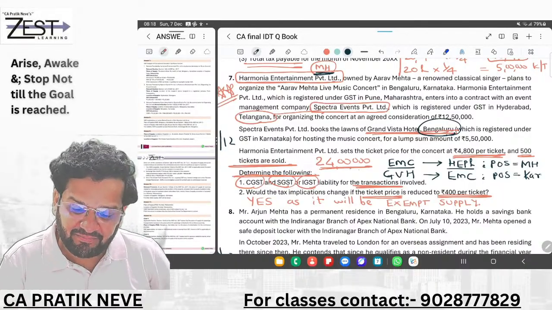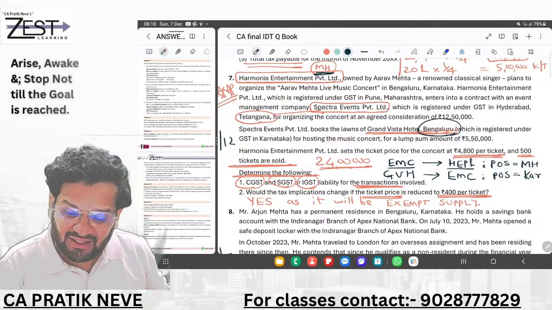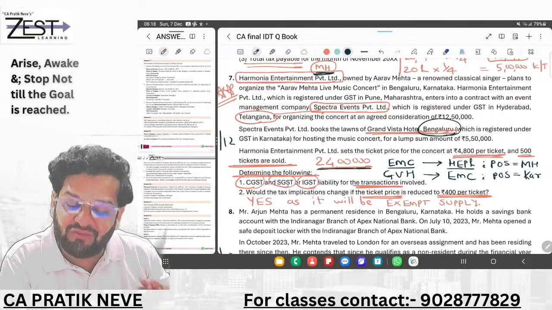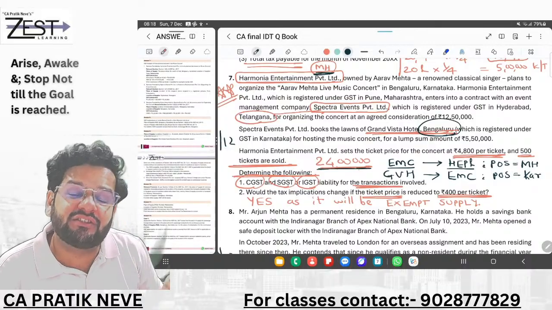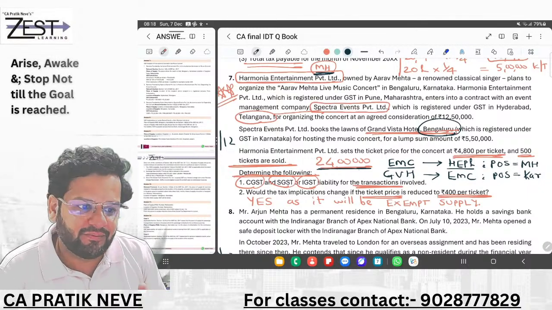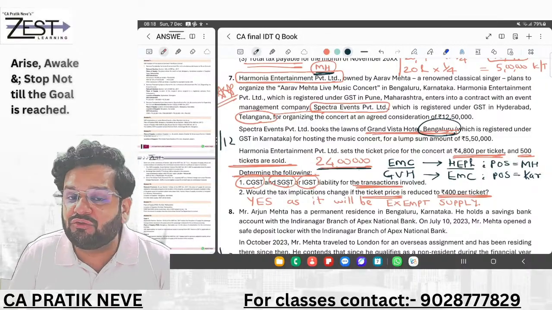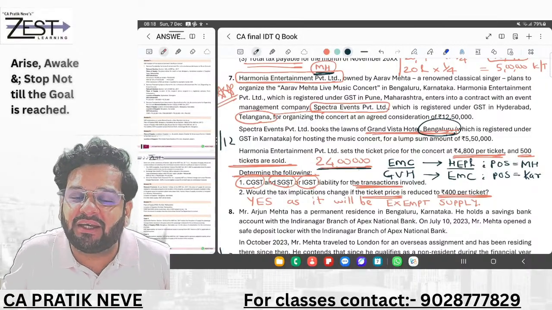And lastly, Harmonia Entertainment Private Limited has sold the tickets for 24 lakhs. Now which service is this? This is a service of admission to an event. In case of admission to an event, place of supply is where the event is actually held.